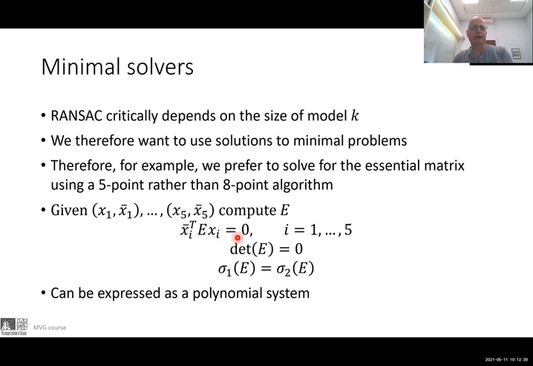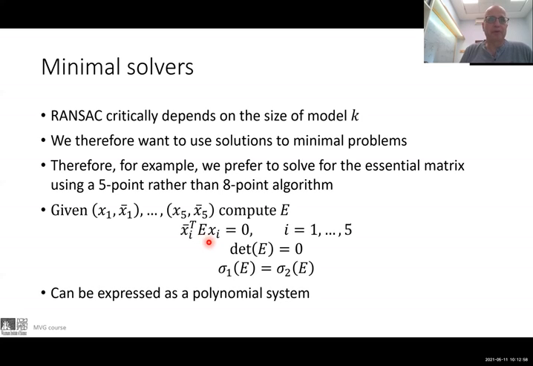So we have an equation for every pair of points. And the equation is linear in E and homogeneous. If we just use this equation, then there are 8 degrees of freedom. It's a 3 by 3 matrix, and it's a homogeneous equation, so you need 8 linear equations to solve for E.